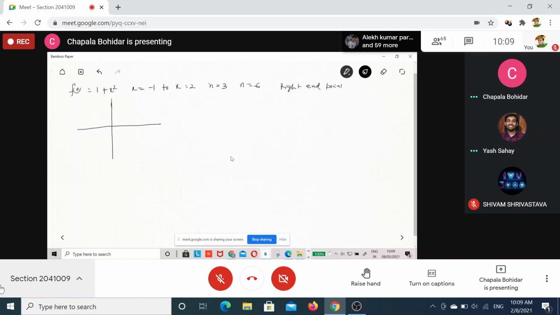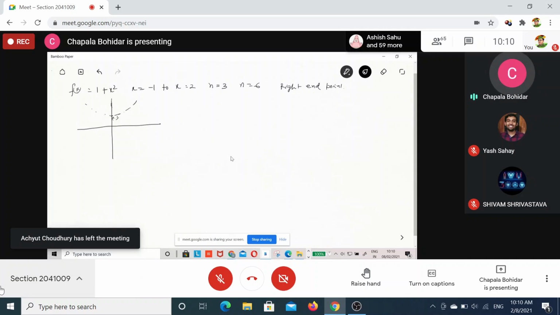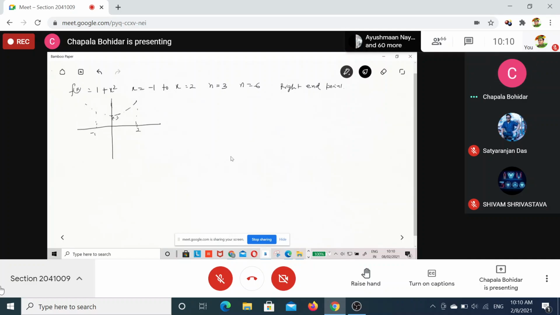Vertex at (0, 1). Here is your parabola. What is the domain given? It is -1 and 2. Clear to all of you? Yes, ma'am.